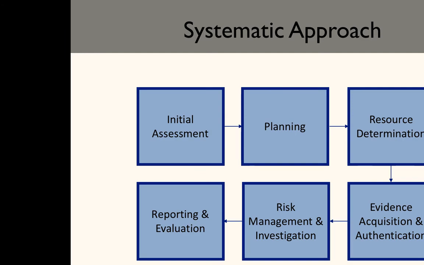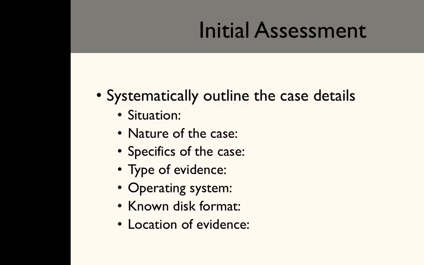So basically the system approach has those 4 steps like we said, and some other books they will say it has 6 steps, but basically they are the same thing. They just break some of the steps down even more. Initial assessment, planning, resource determination, evidence acquisition, authentication, risk management investigation, and report.